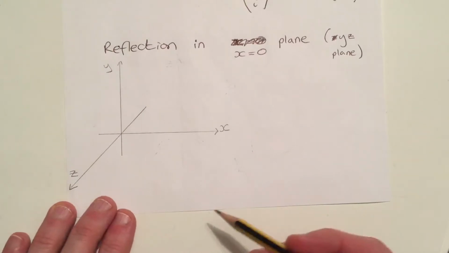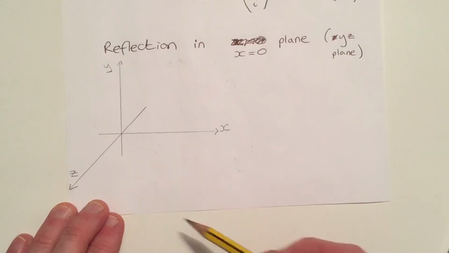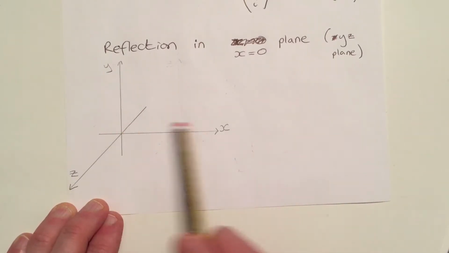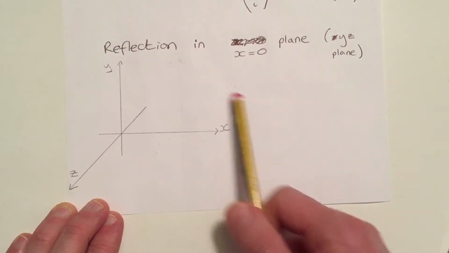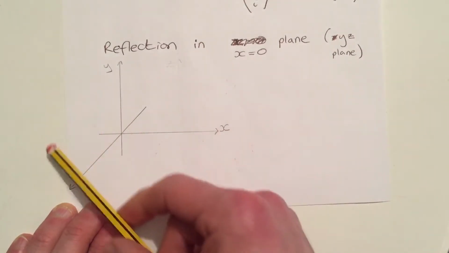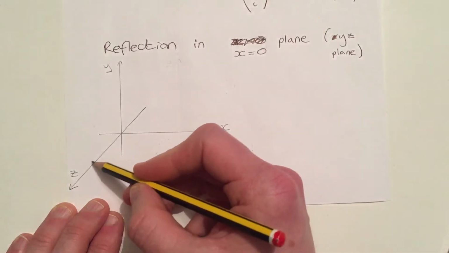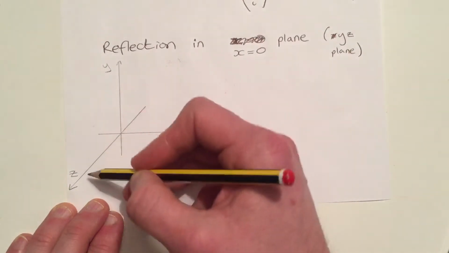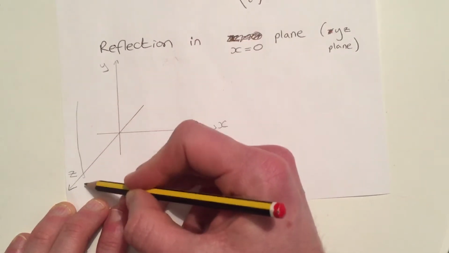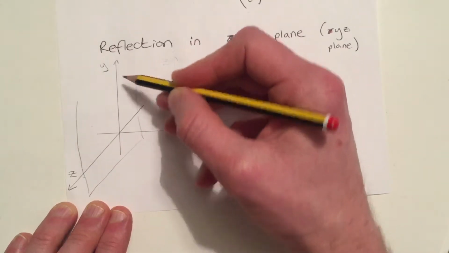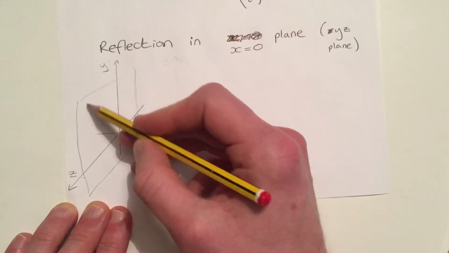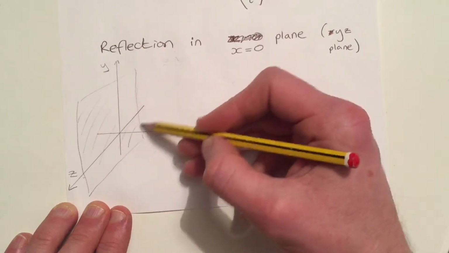So where does x equal 0 on this diagram? So here's my x-axis. Over here the x-coordinates are positive, over here the x-coordinates are negative. X equals 0 is everything here on this plane. So I'm going to try and show you where that plane is. So we're talking about there.